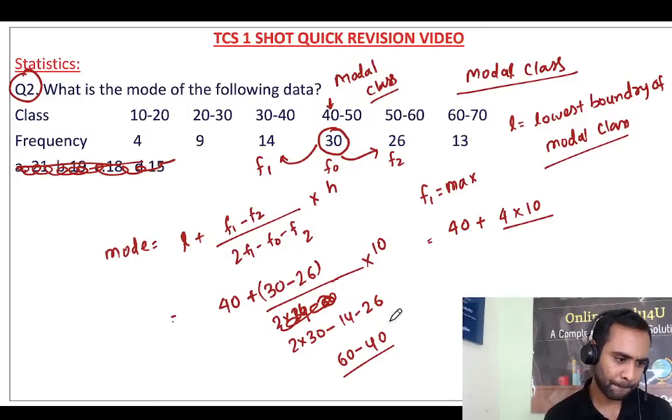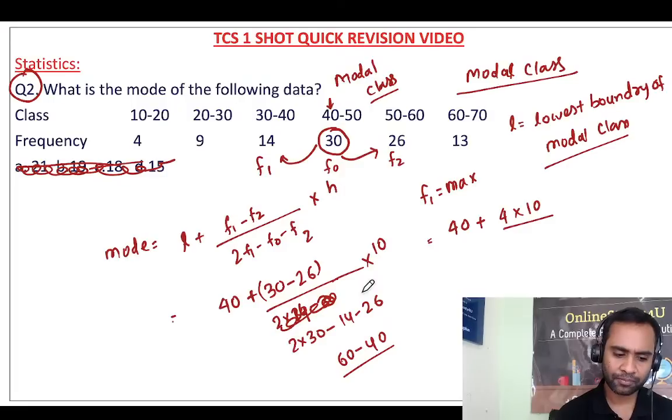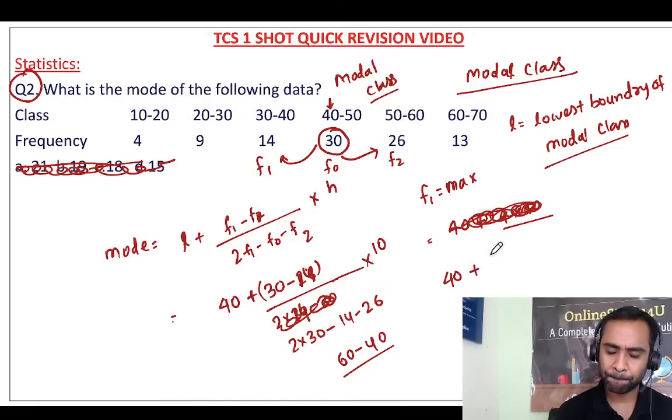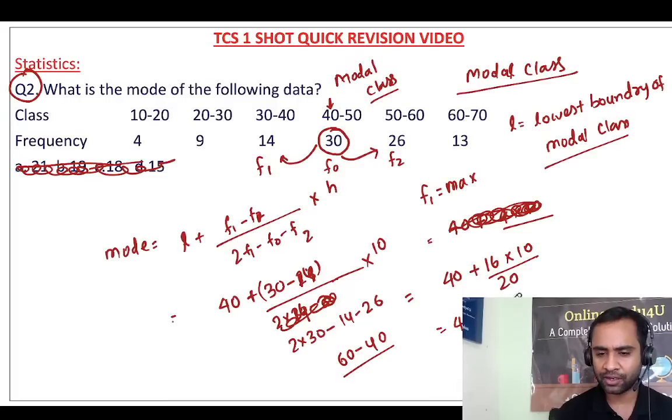Just give me a minute, there is some data mistake. 30 minus 14 is 16, into 10, divided by 20, so it will be 40 plus 8, which is 48.